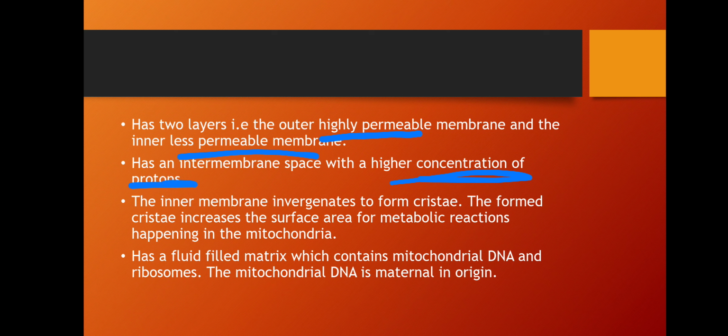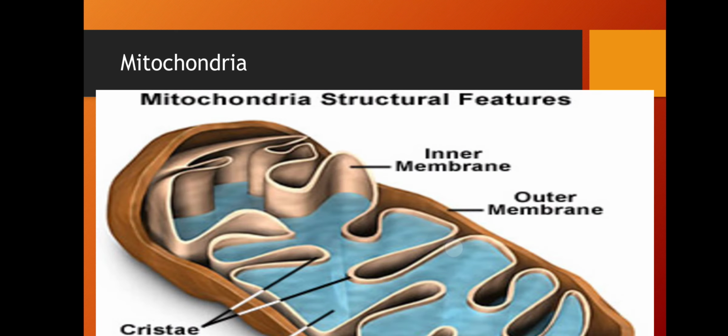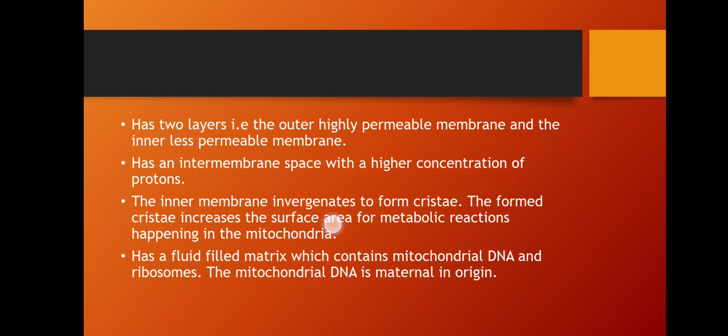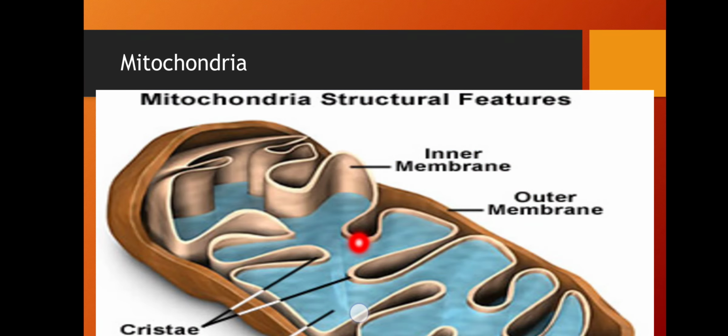So the inner membrane invaginates to form the cristae. Then the formed cristae increase the surface area for what? For metabolic reactions happening in the mitochondria. So this is our crista here.